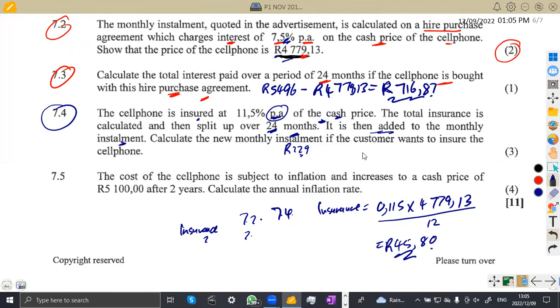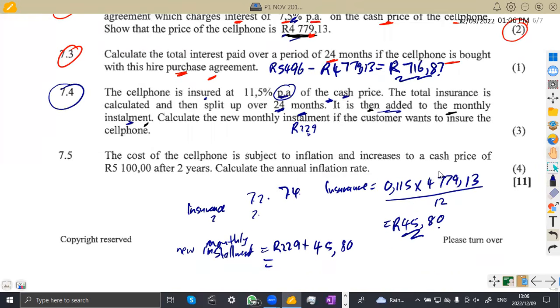So this insurance is supposed to be added to the monthly installment. The insurance is added to the monthly installment. So the new monthly installment is going to be the old one that we had of 229 rand plus the insurance of 45.80, because it was added.